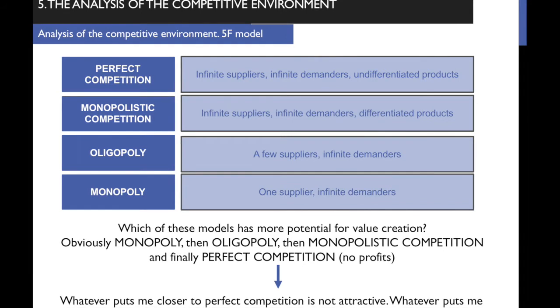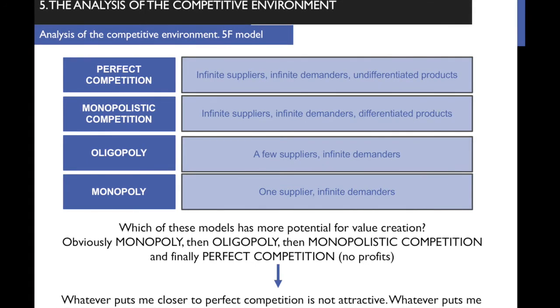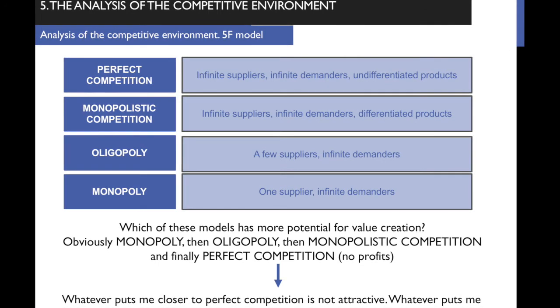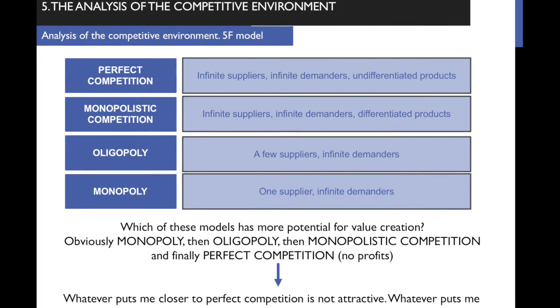You just pay all the costs, including the salary of the managers. So, whichever factor puts me closer to monopoly or oligopoly makes the industry attractive. On the other hand, whichever factor puts me closer to perfect competition reduces the attractiveness of the industry.